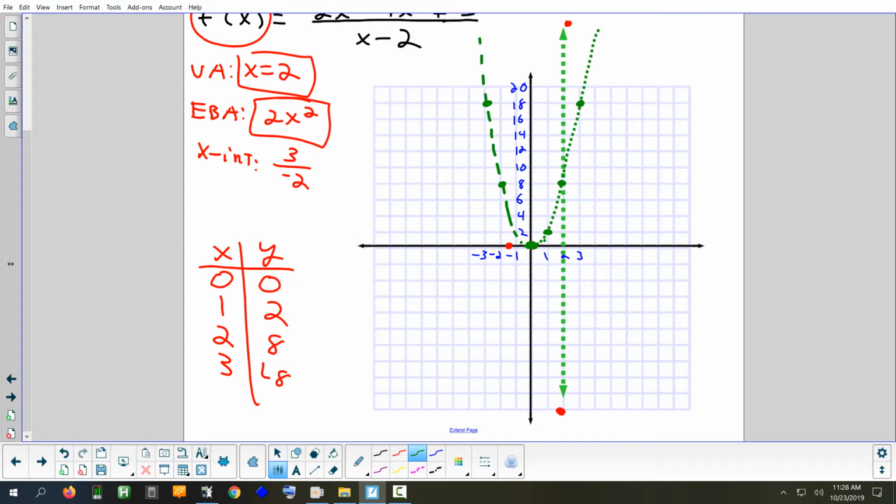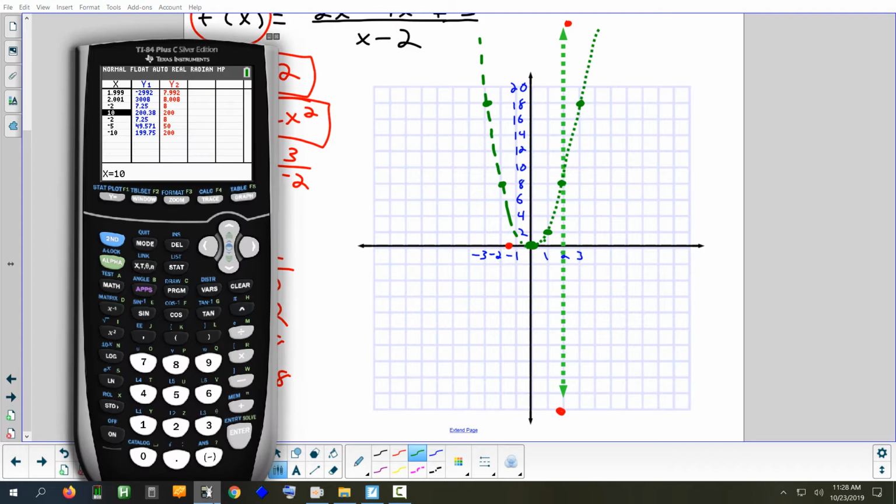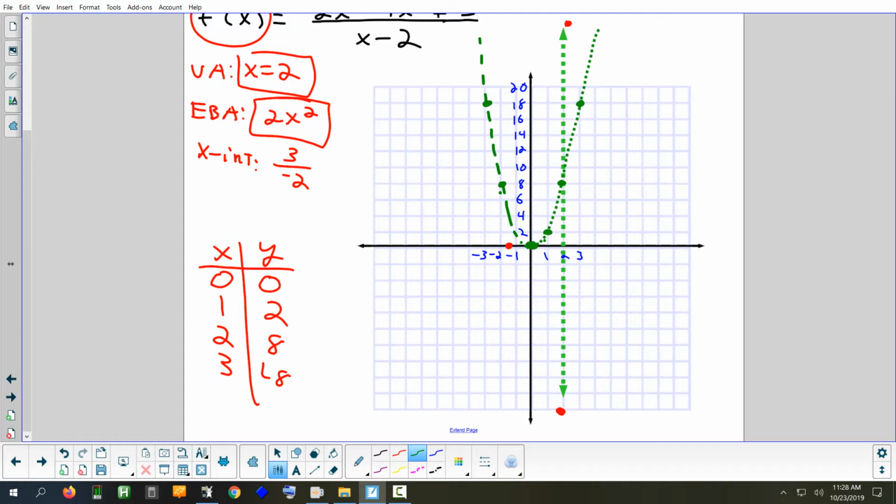All right, so now we had negative 2, 7.25. So negative 2, 7.25, perfect, right about there. You can keep getting more red dots, but it's just going to keep staying very close to that dotted green edge. Let's try 0.